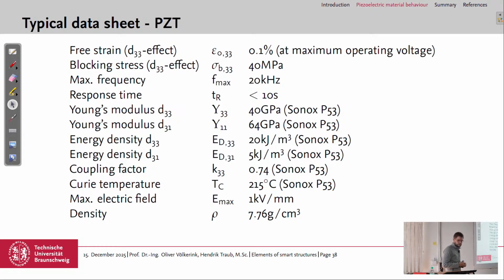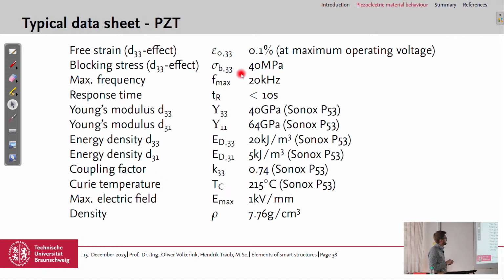Now, I also have a typical data sheet of these lead zirconate titanate ceramics. So we have strains of 0.1%, so not much. The blocking stress is about 40 megapascals. So this is the stress we could achieve when it's not embedded in a structure.